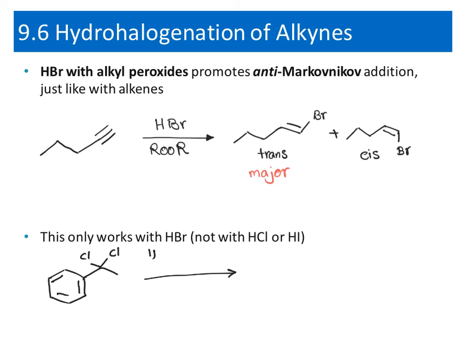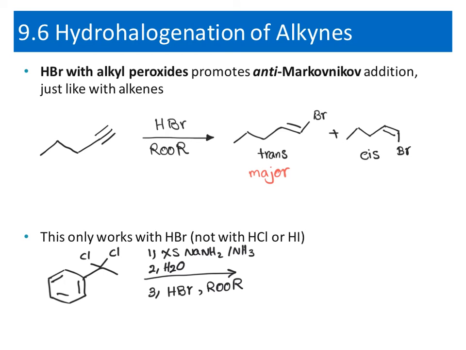We have a geminal dihalide that reacts with excess sodium amide, and in the second step we are going to add water, and then in the third step we are going to add HBr and alkyl peroxide.